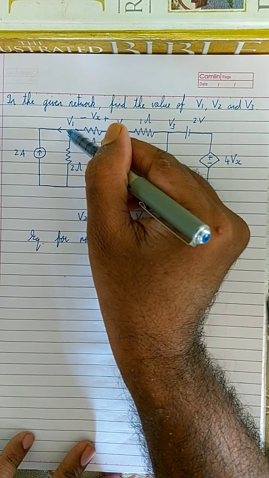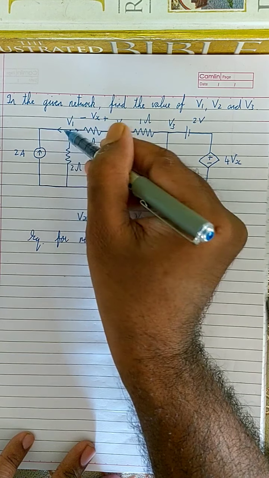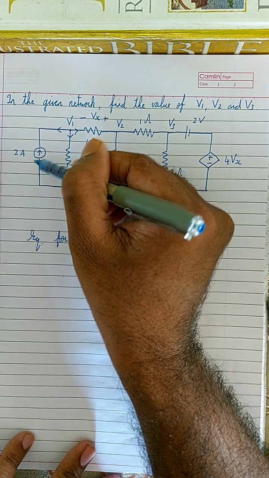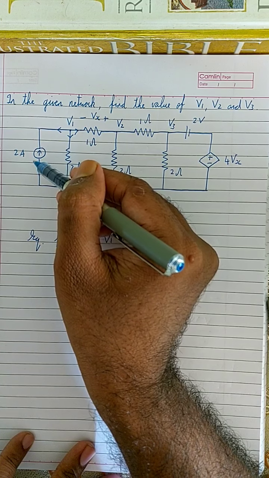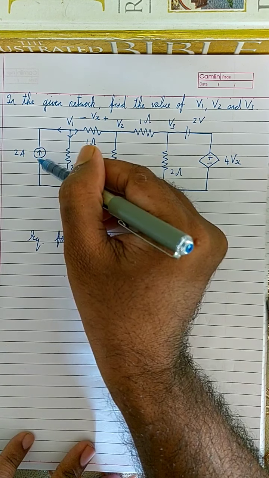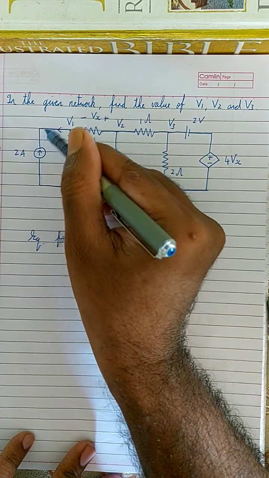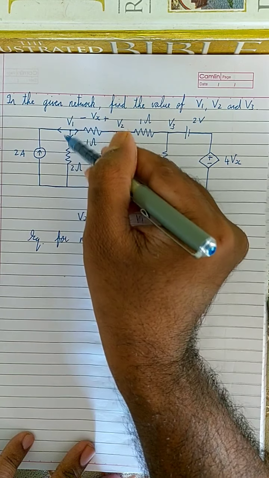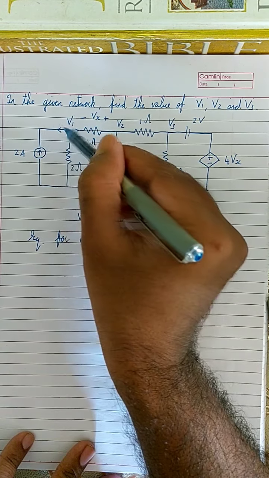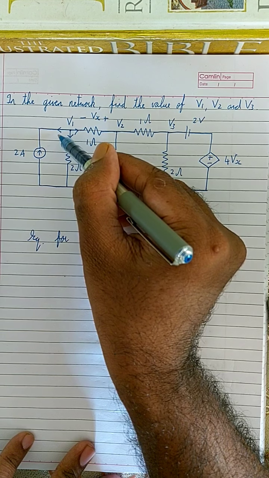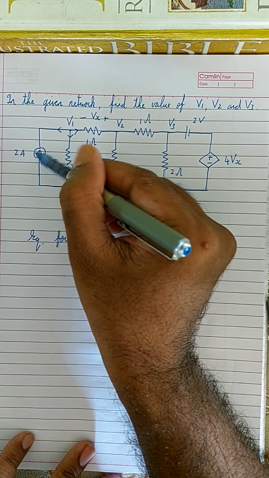So what is the current through this branch? According to this question, there is already a current of 2 amperes flowing into the junction, which is incoming. It is going opposite to the direction that you have assumed. So in other words, the value of this is minus 2.